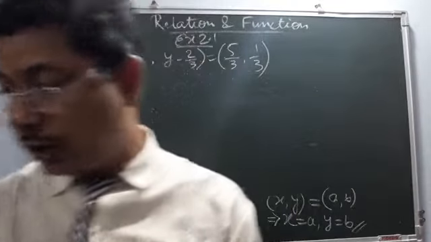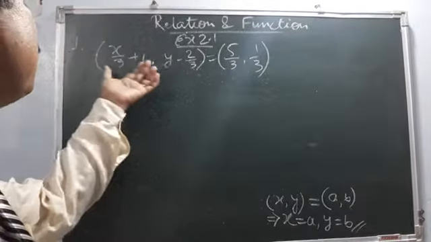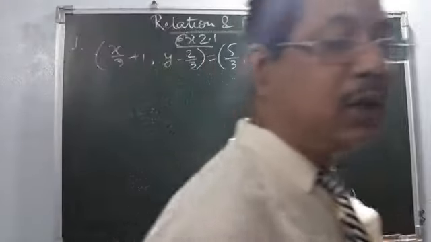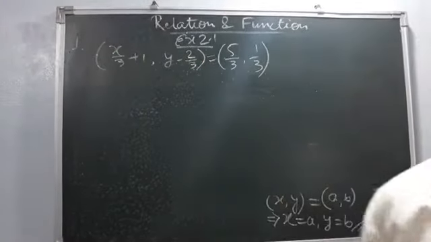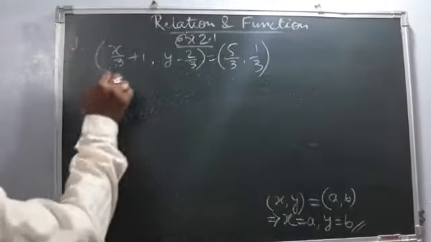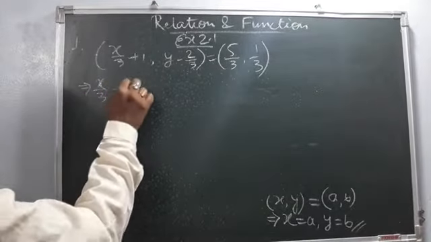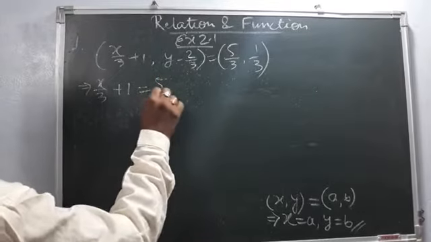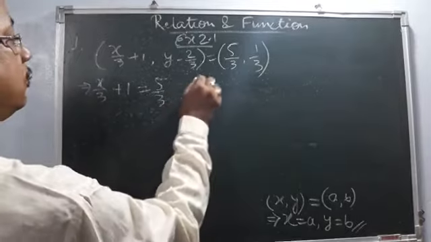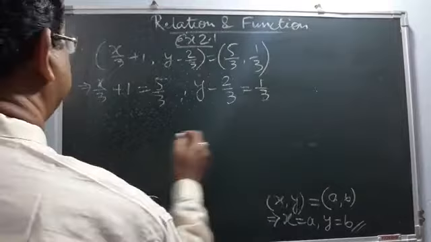With that concept we will do our question number 1 of this exercise 2.1. So here they say this comma that, this is one element, that is one element, these two pairs are equal. If these two pairs are equal, then find the value of x and y. So with that concept we can say x by 3 plus 1 should be equal to 5 by 3, and also y minus 2 by 3 is equal to 1 by 3.